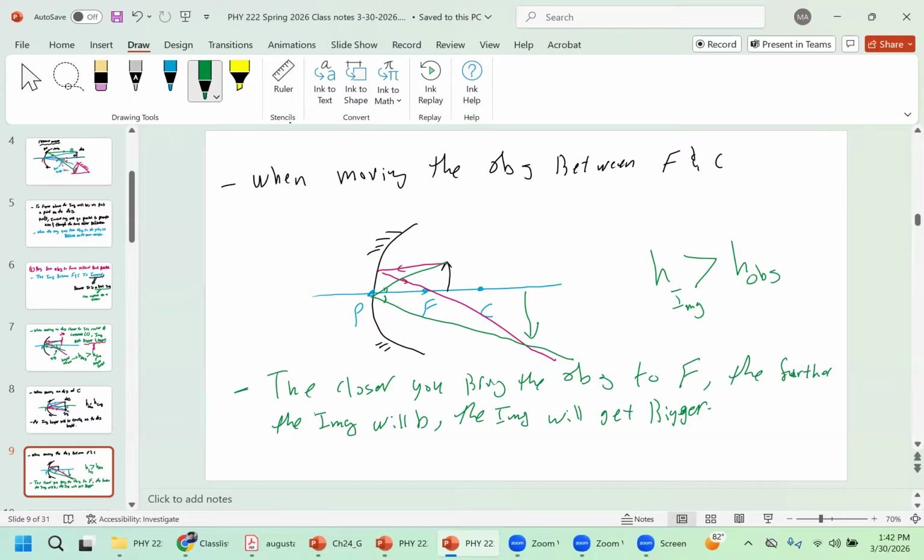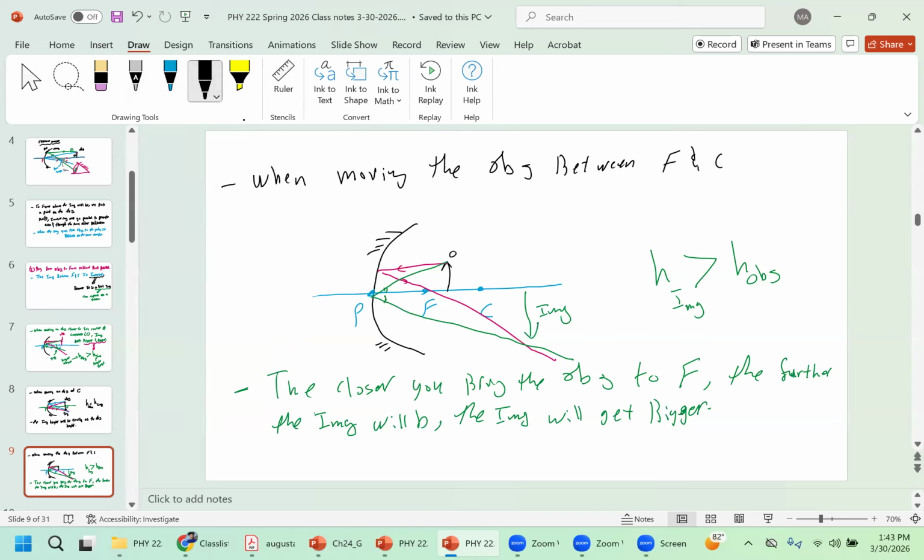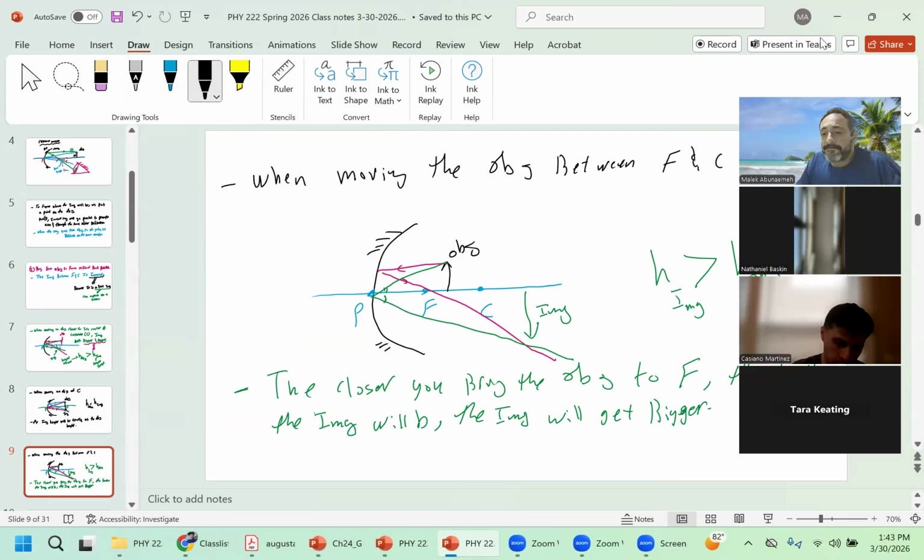It will start getting a little faded and faded. So this is your image, and this is your object. Everybody with me so far? Any questions? Awesome.